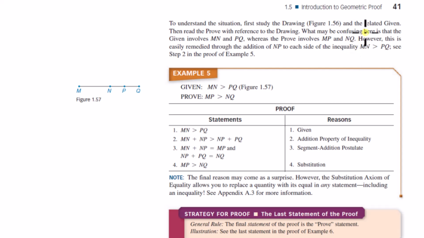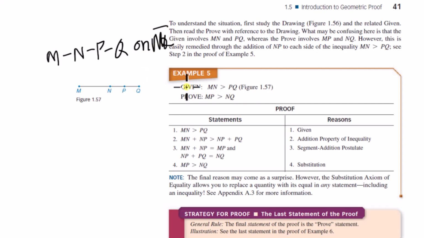Okay, so here we go. Let's see how they do this. Given that MN is greater than PQ, prove that MP is greater than NQ. It's kind of confusing because they put the given MN is greater than PQ, but aren't we also given that M, N, P, Q are on segment MQ?